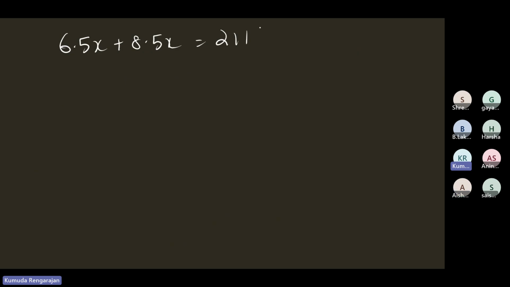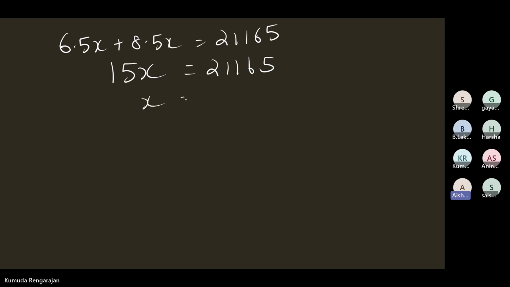Continue, Aishwarya. When you add it, you will get 15x is equal to 21165. So then x is equal to 21165 by 15. When I divided it, I got x is equal to 1411.